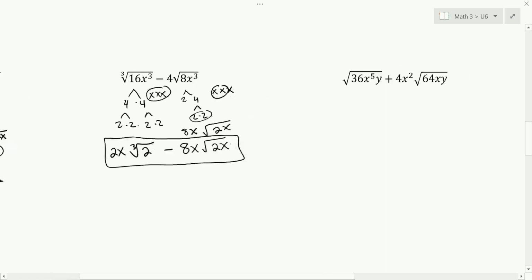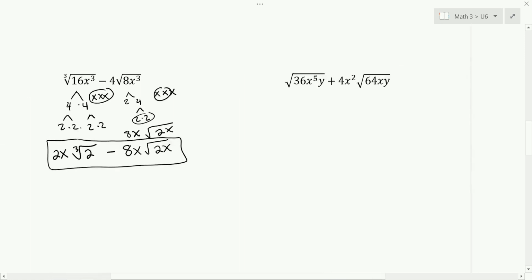Okay. And then the last one that we worked on, Braden, simplify the first one for us, the square root of 36 x to the 5th y.